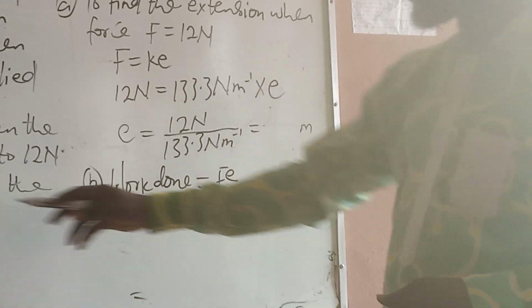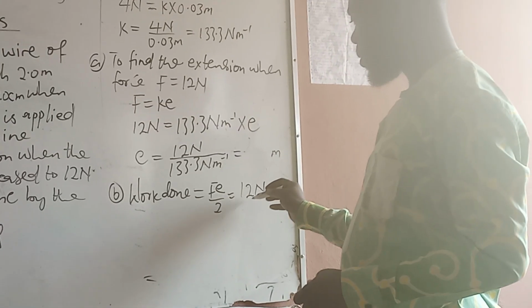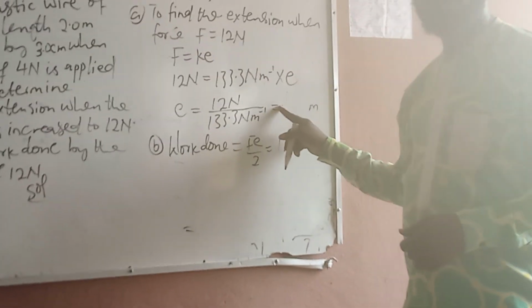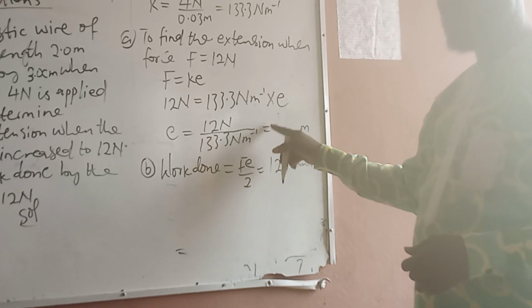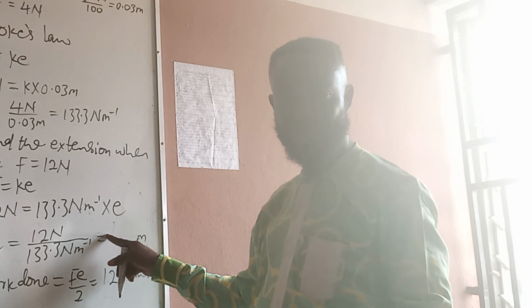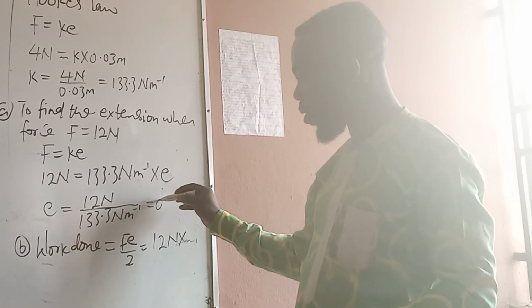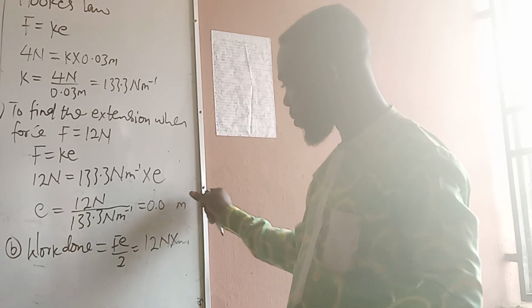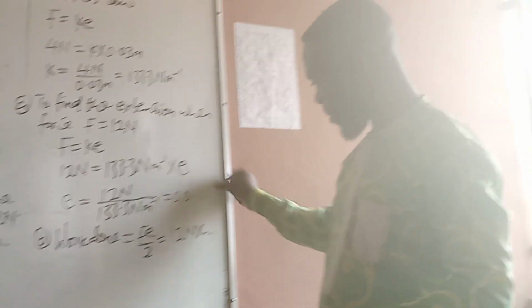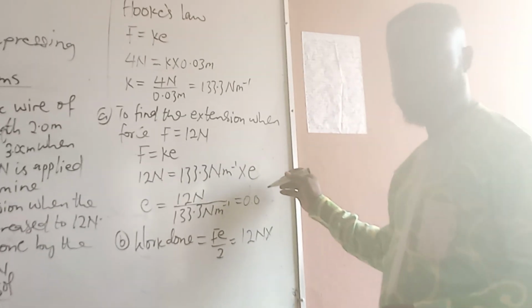The F is 12 Newton times the extension produced. Punch it and tell me, as you are watching me now, what you have.